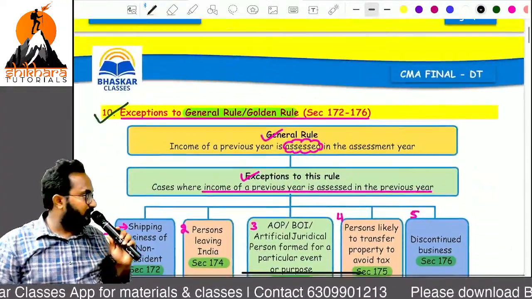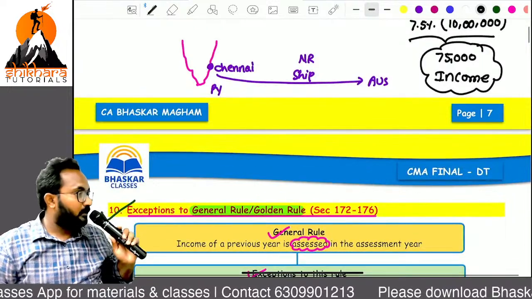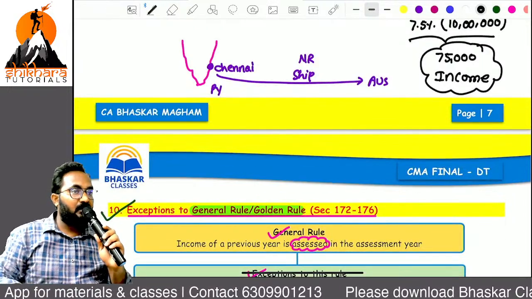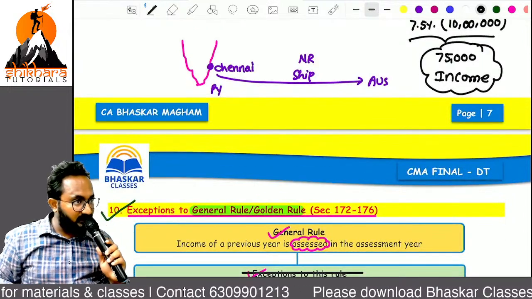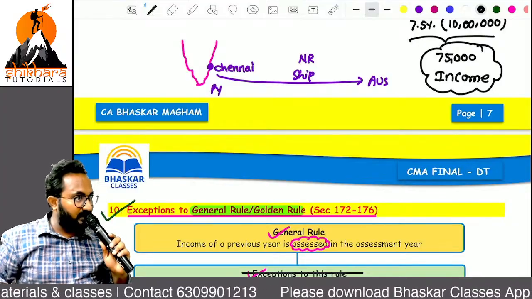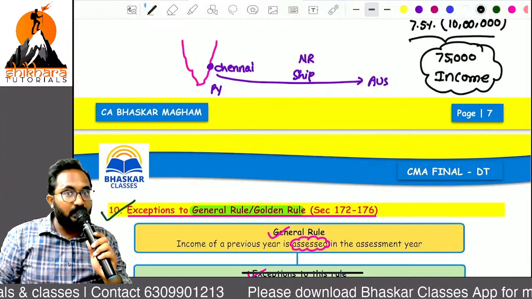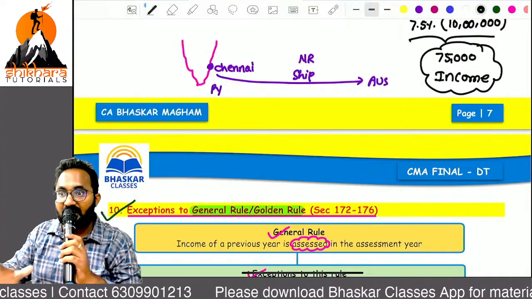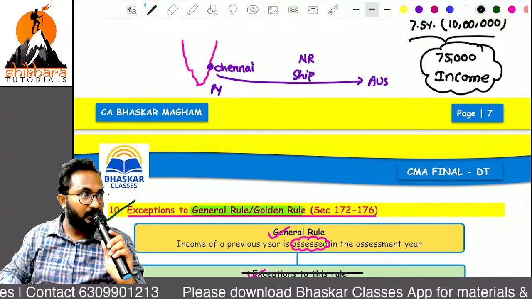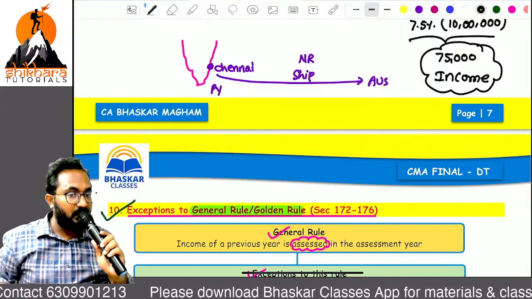Have you understood section 172? Before departing of a ship from that Indian port itself, he is required to pay the tax. But what is the income? 7.5% of the freight is treated as income. On that we can collect the tax.